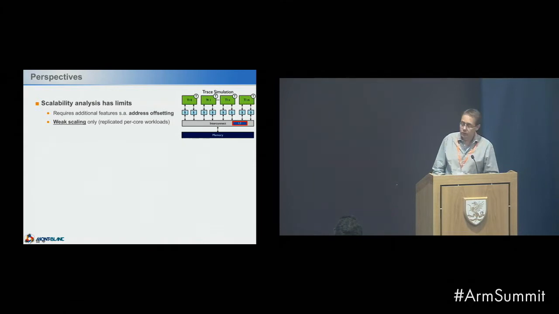If you naively replicate the traces from core to core, all of the cores that use the same trace are going to be firing requests to the exact same memory addresses, and therefore we're going to have a very happy L2 cache showing a very high hit rate. So what you have to do is offset the addresses in the different cores, which we did, such that you can observe some realistic performance figures.